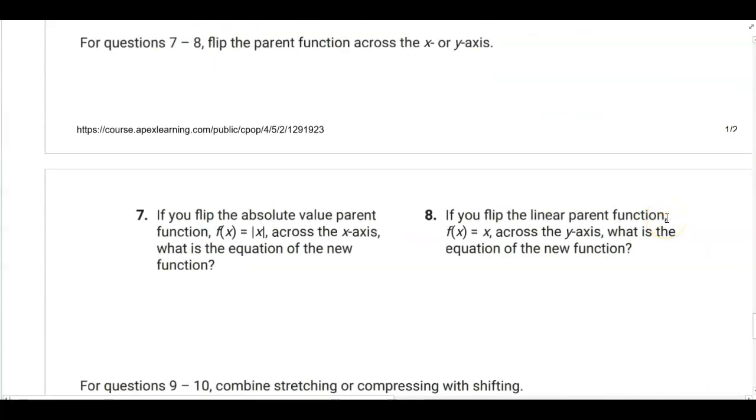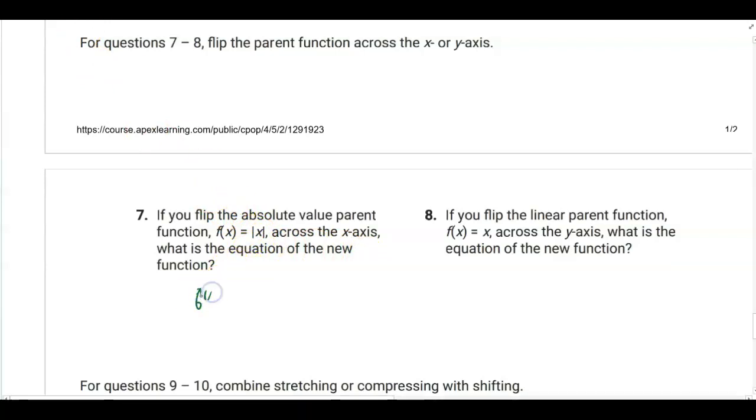Okay, next one. You want to flip the parent function across the x or y axis. Now, if you flip the absolute value parent function, f of x equals the absolute value of x, across the x-axis, what would you do? Remember, anytime we flip or reflect it, we're multiplying by -1.